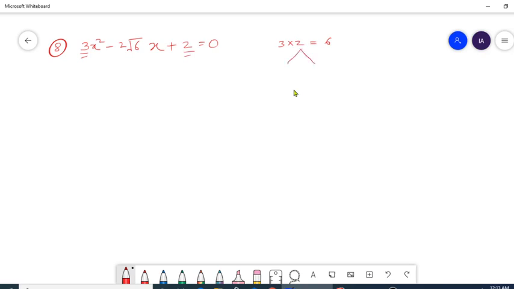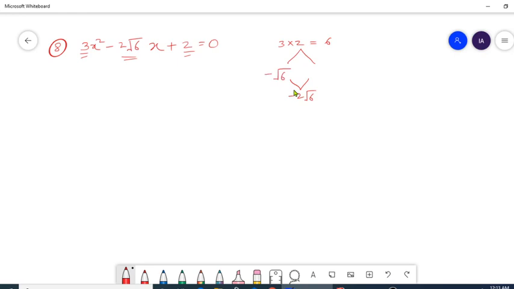Now we need to find two linear factors of this 6 whose sum should be minus 2 root 6, that is the coefficient of the middle term. So here I can simply take minus root 6 and minus root 6.